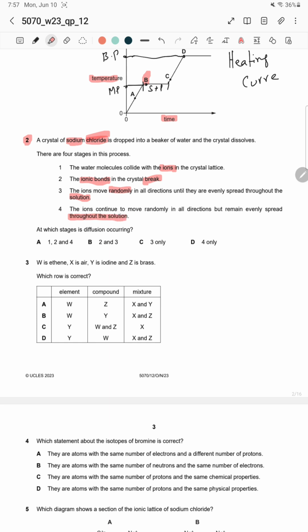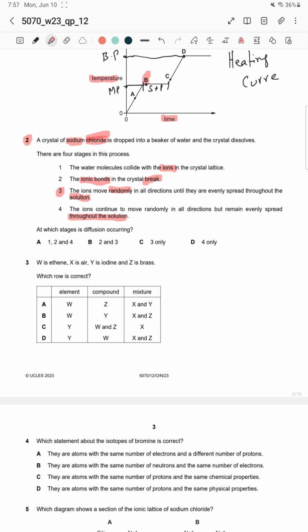So we know the diffusion is the movement of particles from a region of higher concentration to lower concentration. So it happens in case of ions where the ions they move. So third option, if you have a look, diffusion can't occur in solids. So diffusion can occur in liquids and gases.